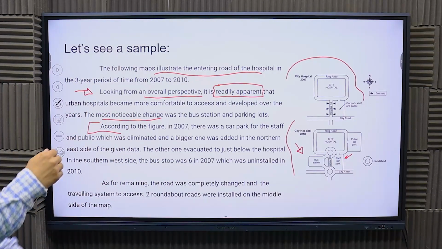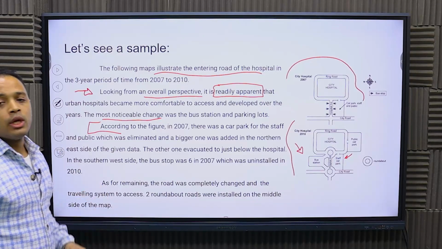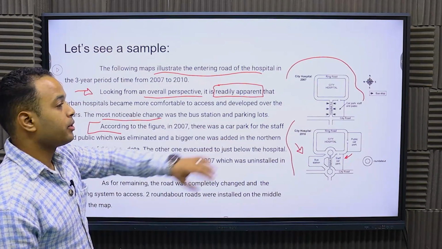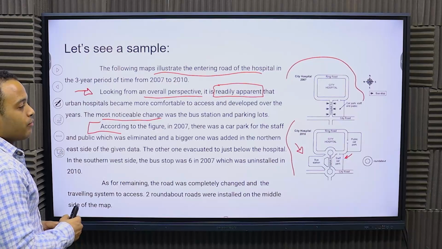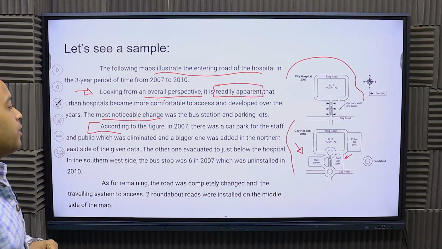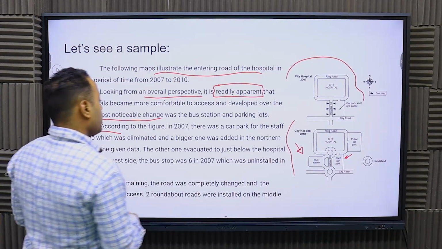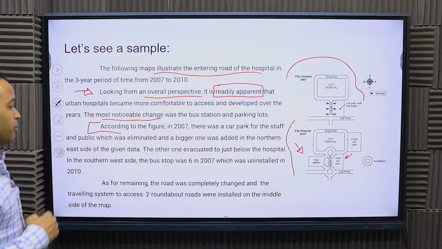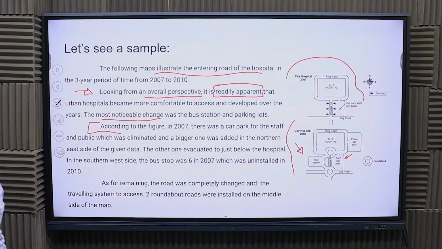According to, this phrase, we usually use it in order to deliver information that is already apparent or that we are already using from a certain resource. Regarding this one, it's going to be the map itself. I will give you just a moment. You can read this one before I start explaining this one.